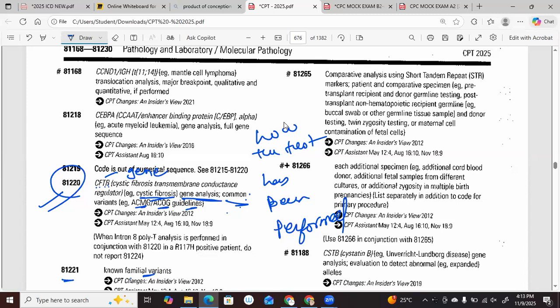Okay. Next thing we have to make sure to follow in molecular pathology. Whenever there is a procedure such as microdissection, which is performed prior to the cell lysis, which we need to do for molecular pathology, we have to bill the microdissection separately.